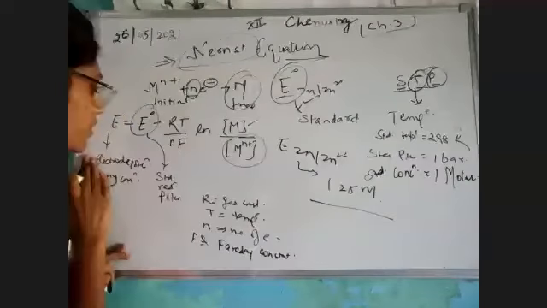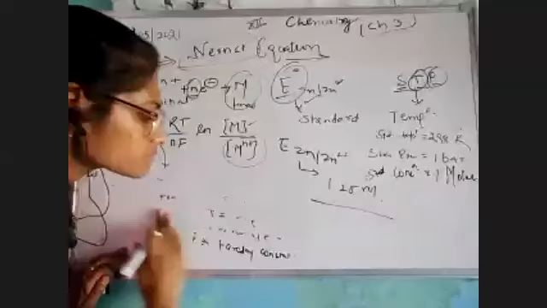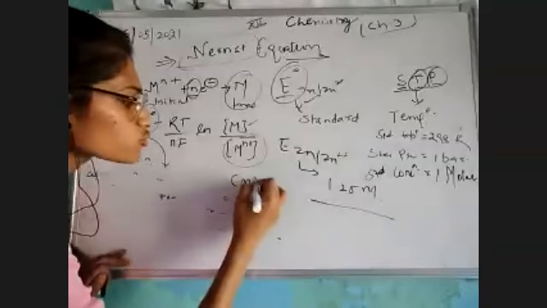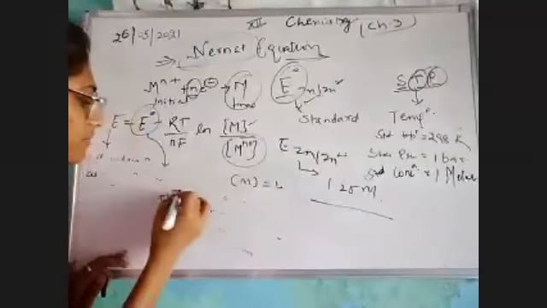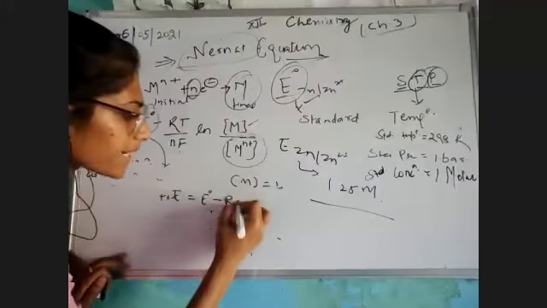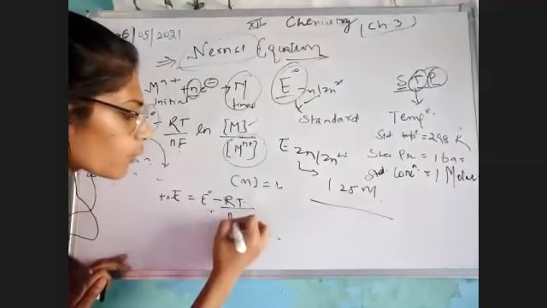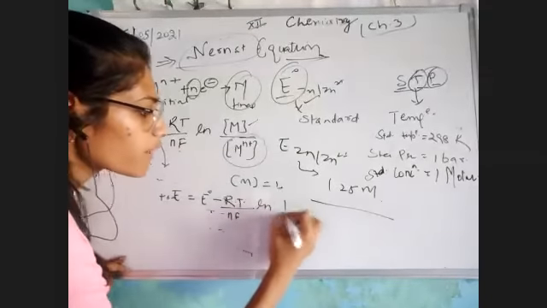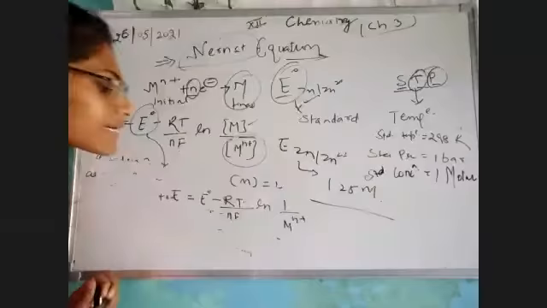Now, the question is, if we have been provided with M equals 1, my equation would be E equals E naught minus RT over nF ln 1 over Mn+. Clear?